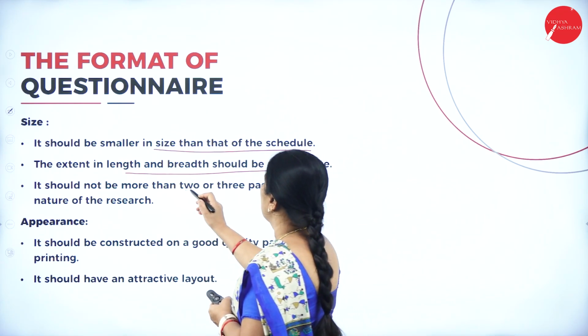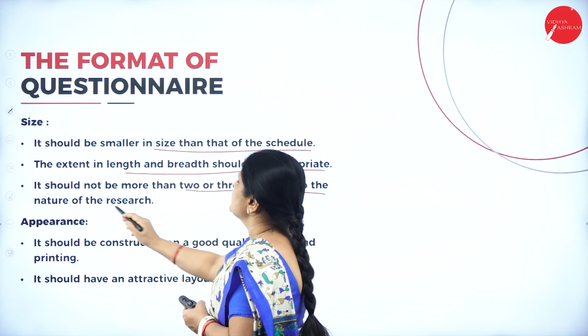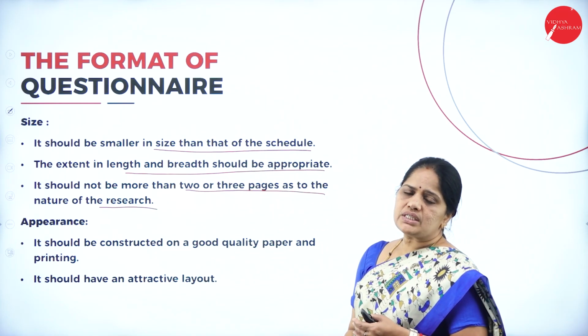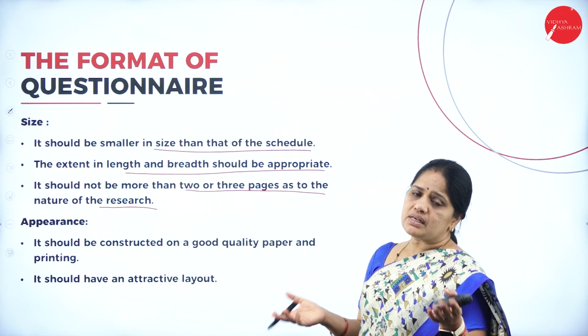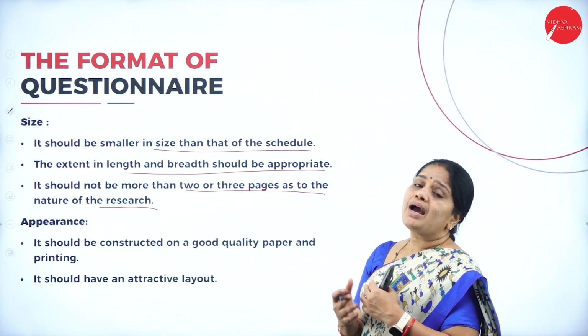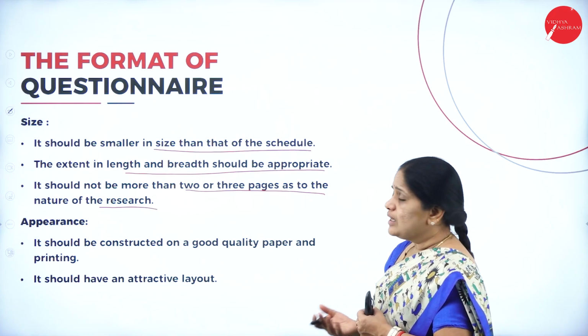It should not be more than 2 or 3 pages, as per the nature of research. So, try to see that the questionnaire does not go beyond 3 pages, because if it goes beyond 3 pages, the respondent will feel bored and he may not send back the questionnaire.